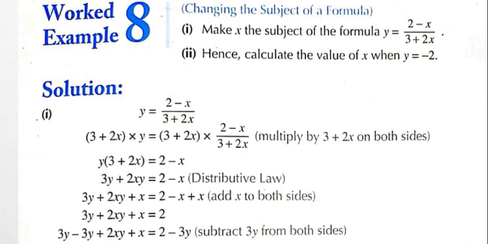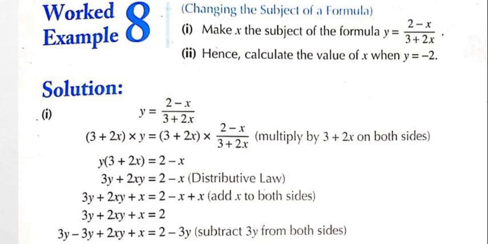So look, what we can do here is move the 3 plus 2x to the left side, becoming y times (3 plus 2x), and then equal to 2 minus x only, left at the right side. Okay, now we multiply in the y.